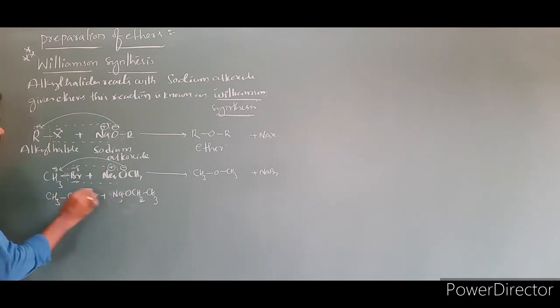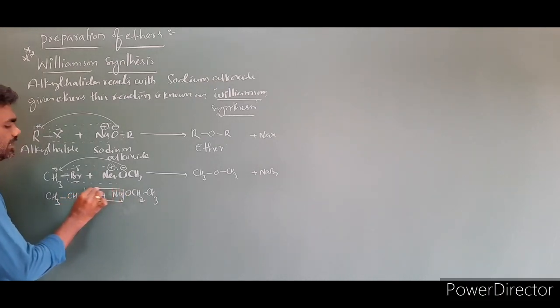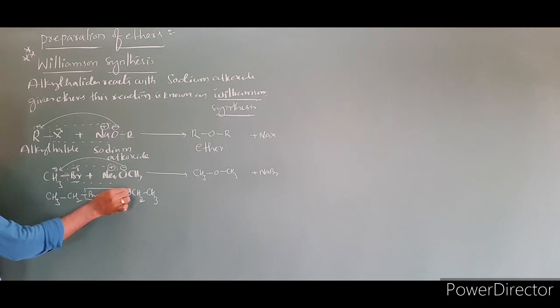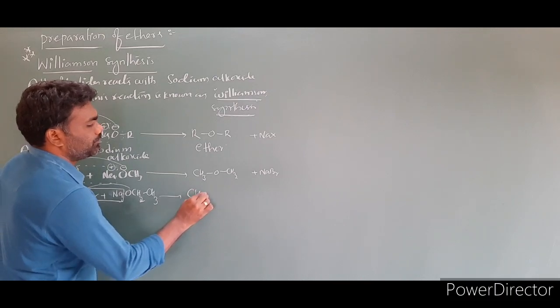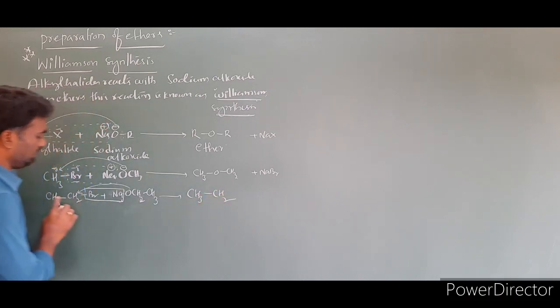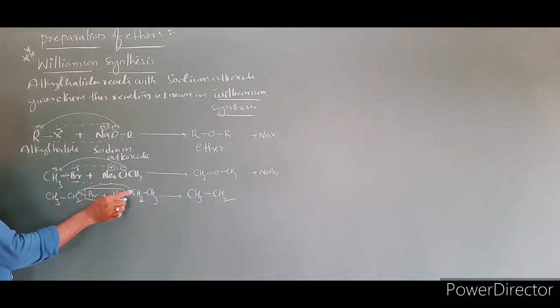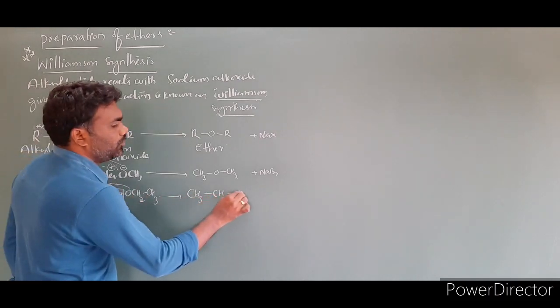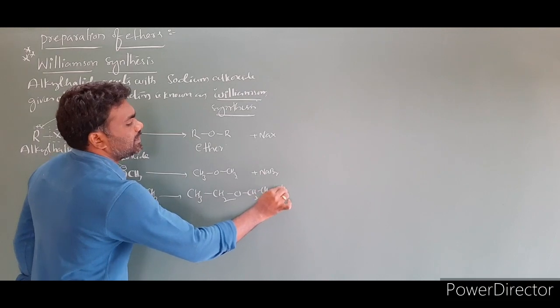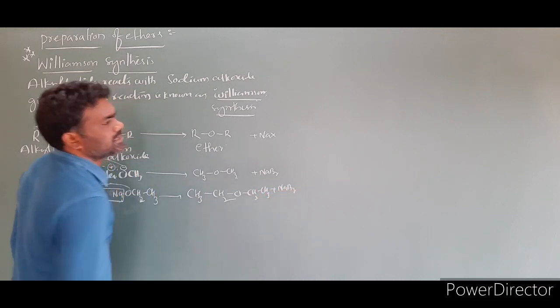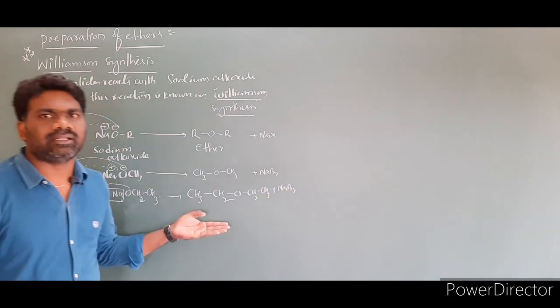So this Br and this Na are eliminated in the form of NaBr. This O minus will attack this carbon. The product is CH3CH2OCH2CH3 plus NaBr. This is also an example of a symmetrical ether.